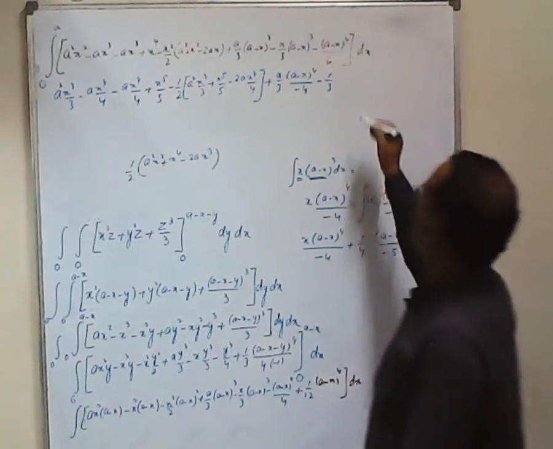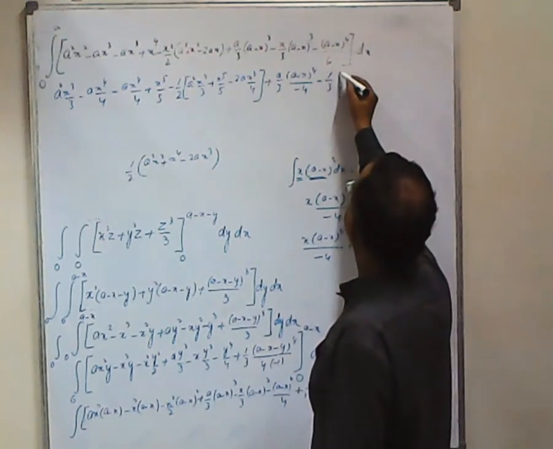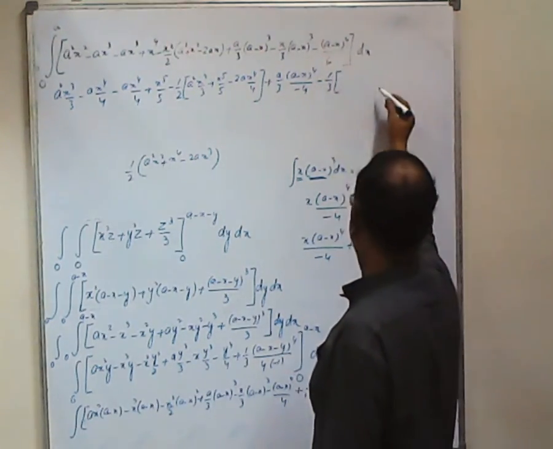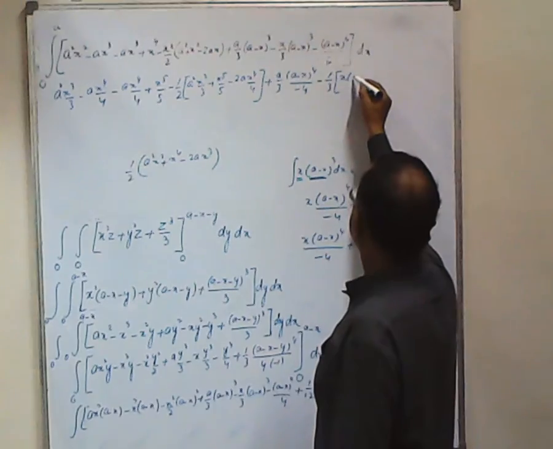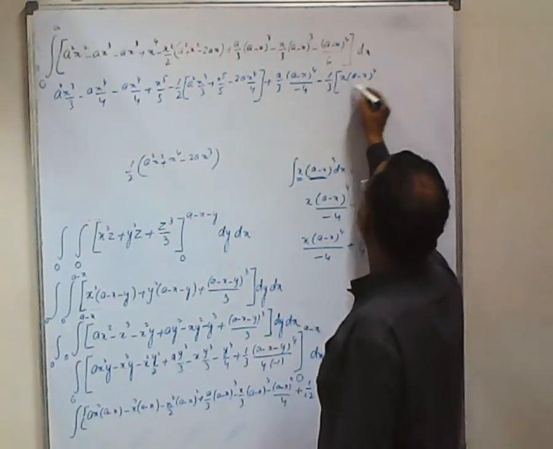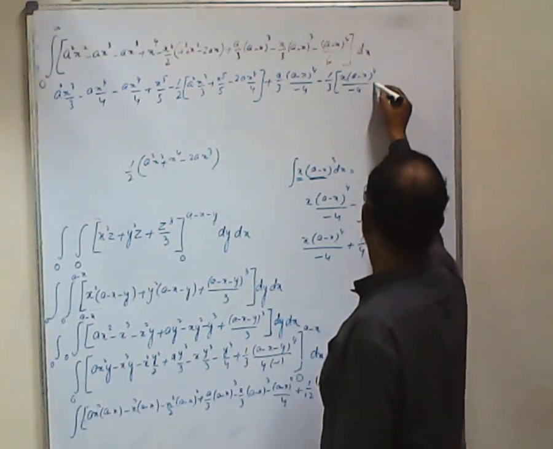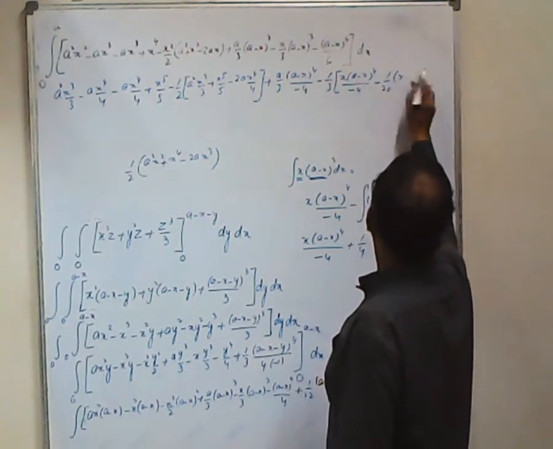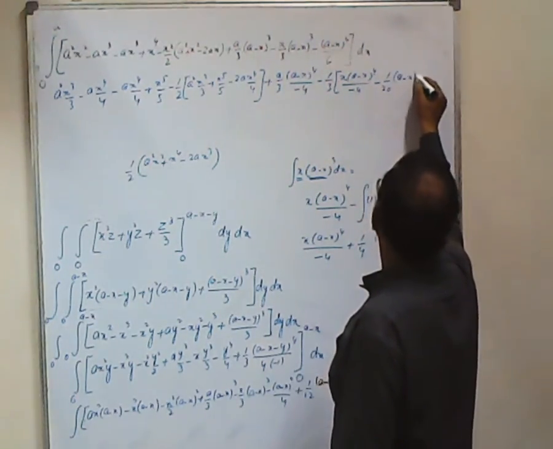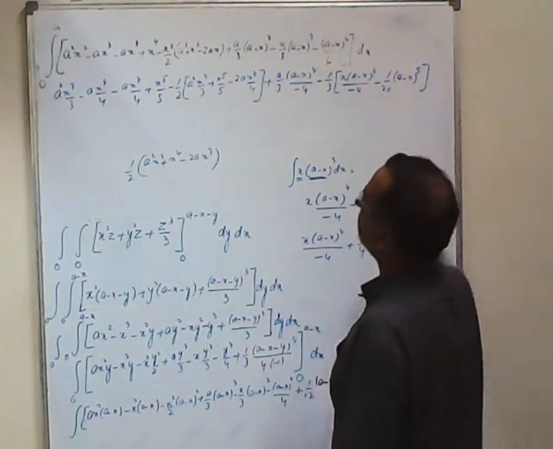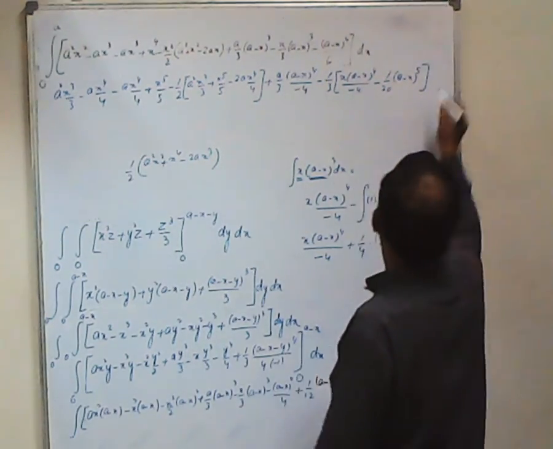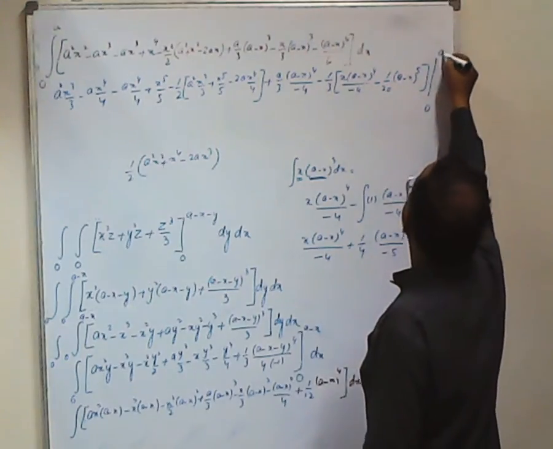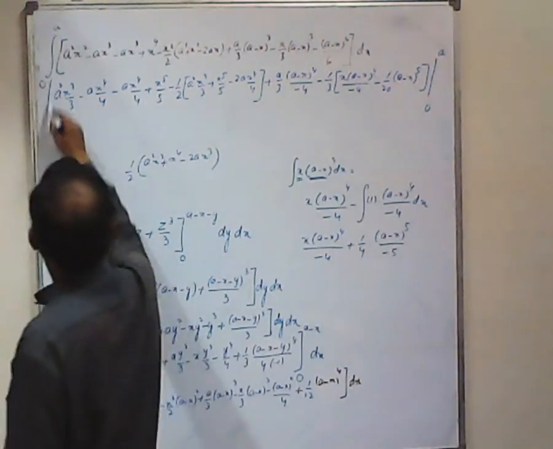So it means this will be equal to x a minus x whole power 4 upon minus 4 minus 1 upon 20 a minus x power 5, and we need to substitute the limits 0 to a in whole.